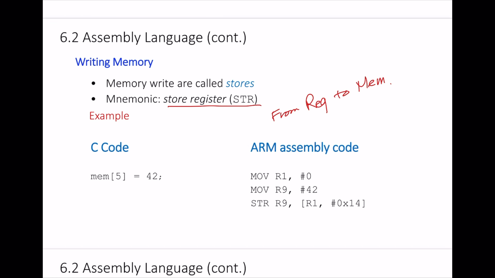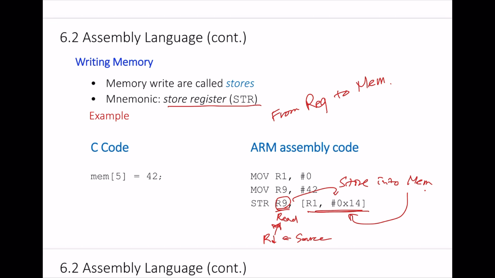Store, we said we're going to go from register to memory. So we need to read R9. We said this is the register, even though we call it RD, this is actually the source register. So we need to read the content of R9 and store it into memory, where the memory location is this address.